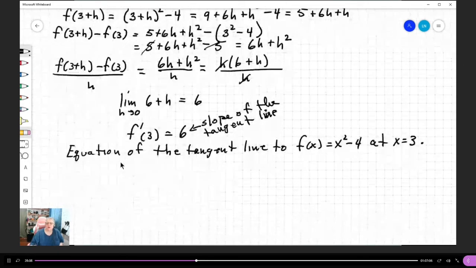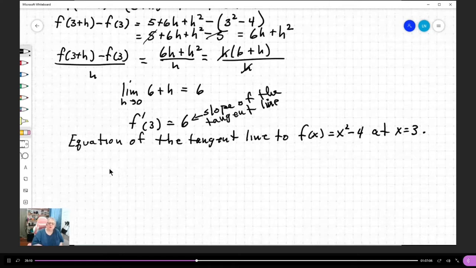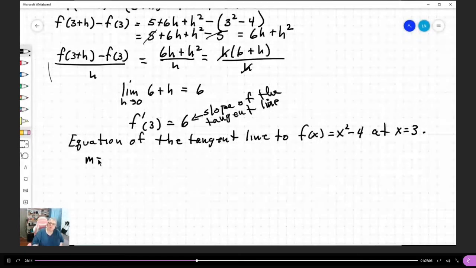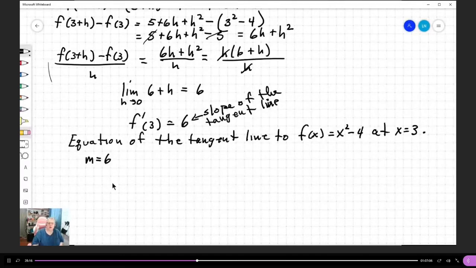So I have my slope, m equals 6. I need a point. Well, I know the x-coordinate of my point, so now I need the y-coordinate of my point. So my point is going to be 3, comma, f of 3.